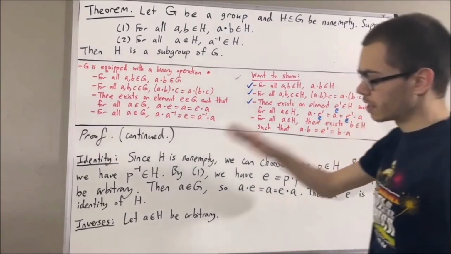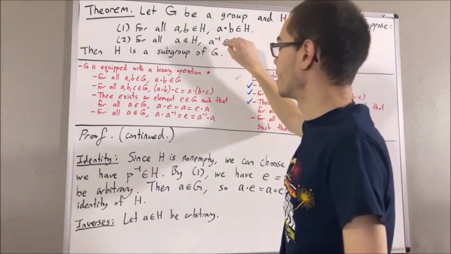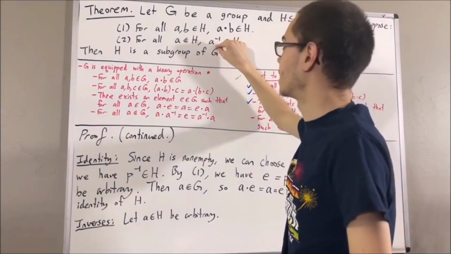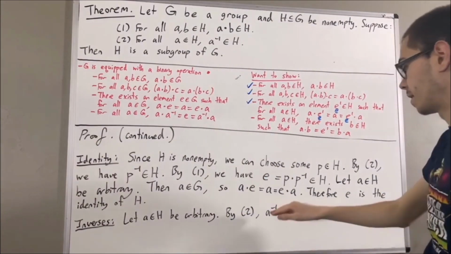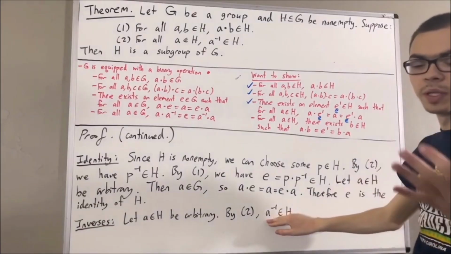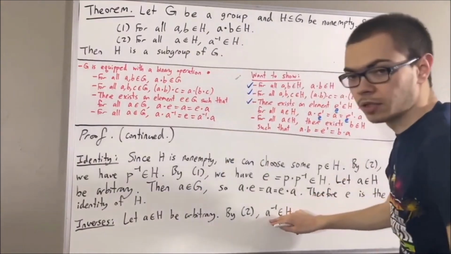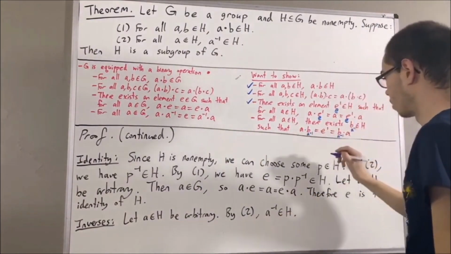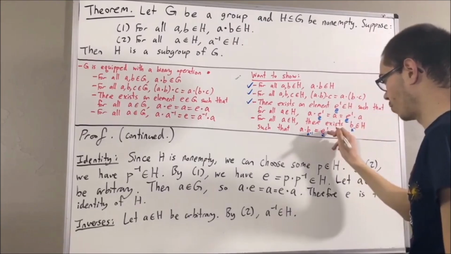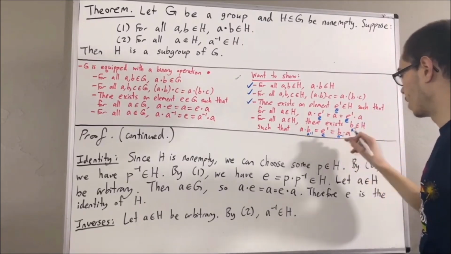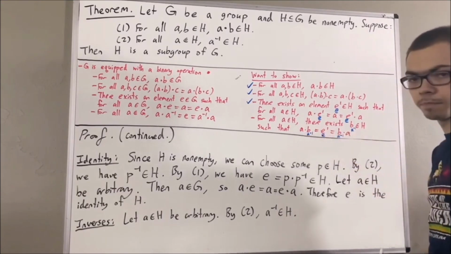Now, since A is an element of H, well then by 2, that implies the inverse of A is an element of H. And remember, this inverse element is the inverse that A has in G. But the claim is that the inverse that A has in G is also going to be the inverse that A has in H. So, taking B to be the inverse that A has in G, and at this point we've established that the identity element of H is the identity element of G, so I'm going to replace E prime with E. So from here, we want to show that A times the inverse of A is equal to E, which is equal to the inverse of A times A.